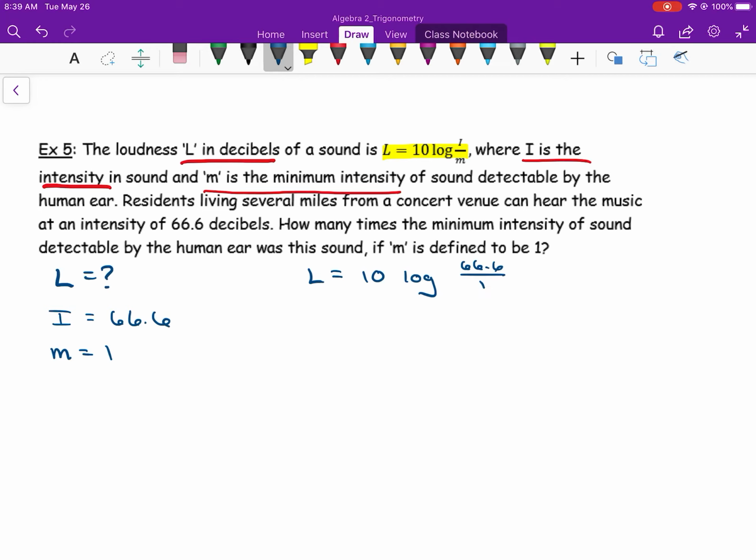All you have to do in your calculator is 10 log 66.6. You get 18.2347. That's how many more times the minimum intensity of sound it is. So it's pretty loud. Alright, a word problem, and that concludes 7.6 common logarithms. Stay tuned for next time.